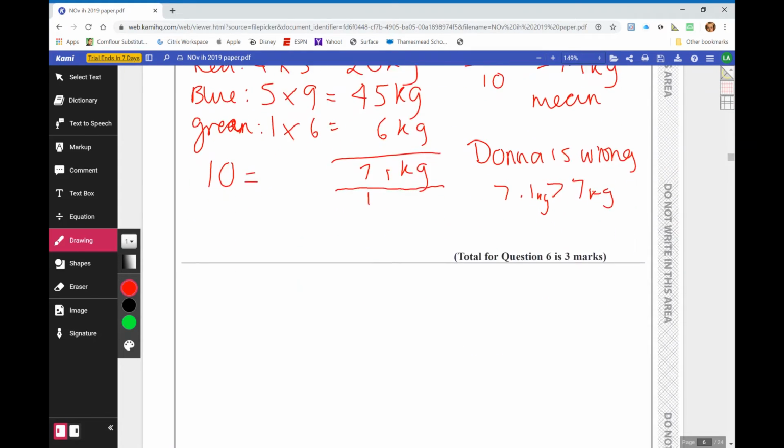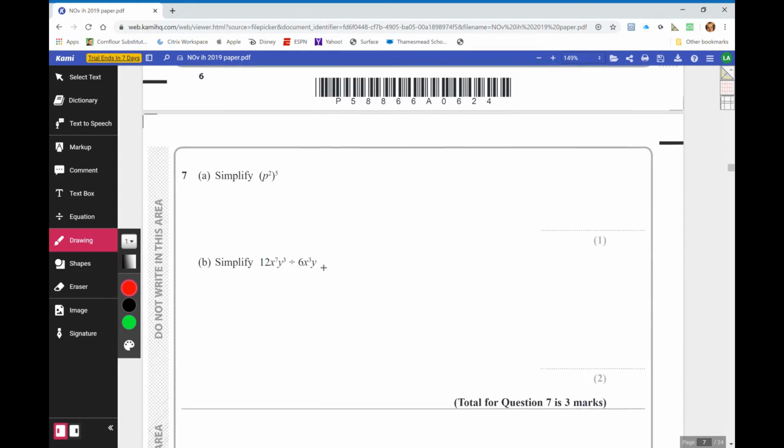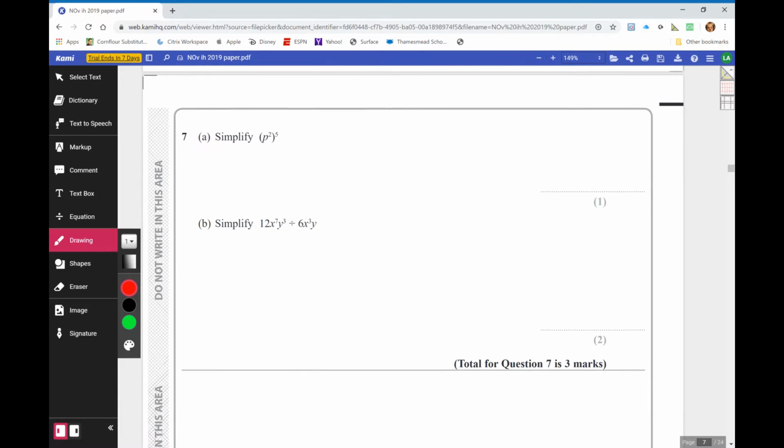All right. Okay, question number 7. Now, this is where index rules come in. So it's only a 1 marker because all you really have to do when you're simplifying using indices, which have a bracket. So it's p to the power of 2 and then to the power of 5. So the rule is you multiply across. So it'd be p to the power of 10.